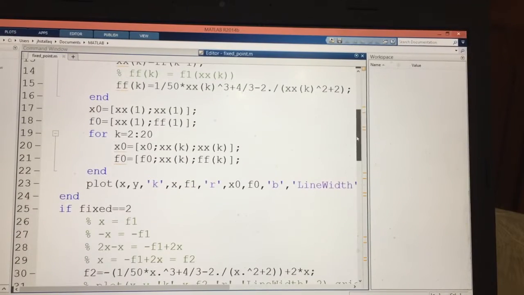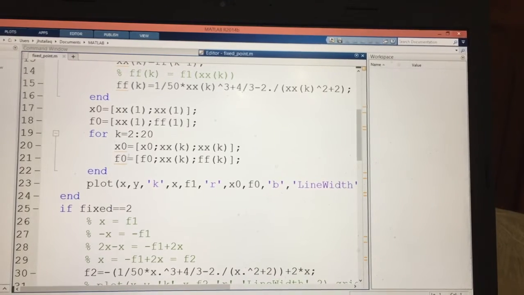Then we define another vector, x naught and f naught. We define two values first, the same x naught, and then x and f, and then we modify them. Don't forget to enter k here, not 1. So we update that vector, and then we can plot it.